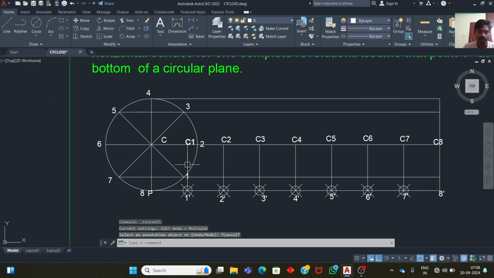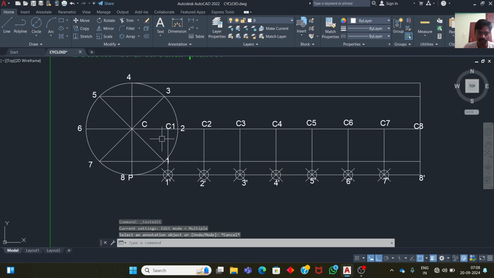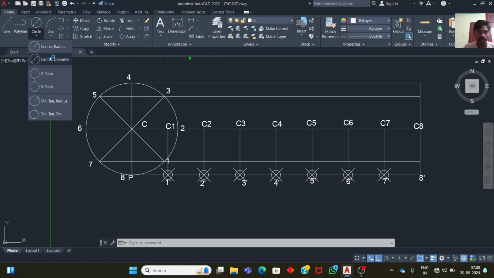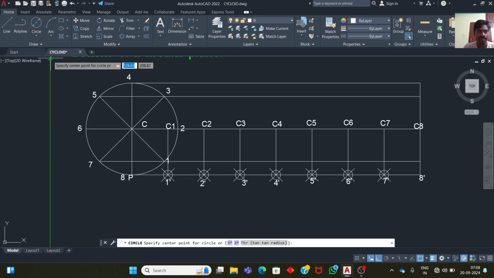So now we need to trace this point P on these horizontal lines. For that we need to take the circle, the same diameter circle as we have drawn previously, from center 1, that is C1.